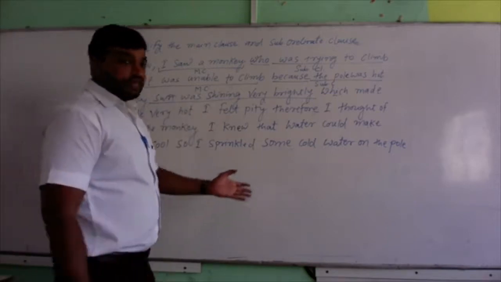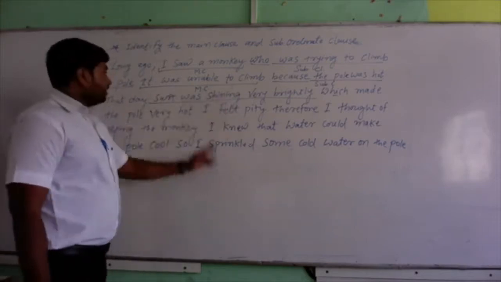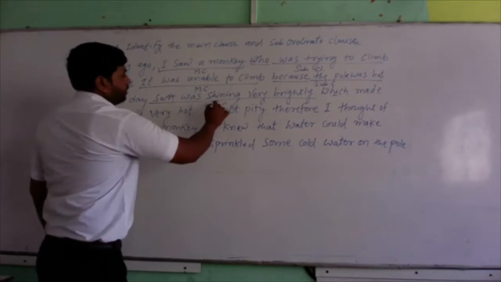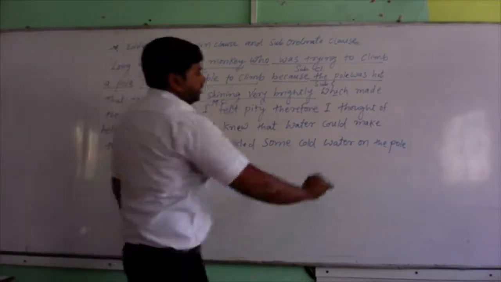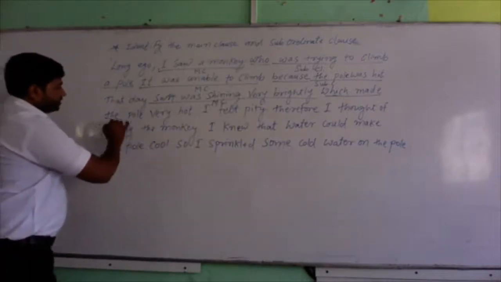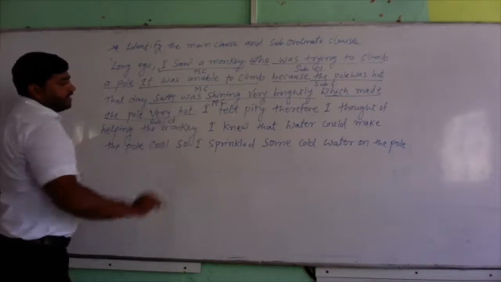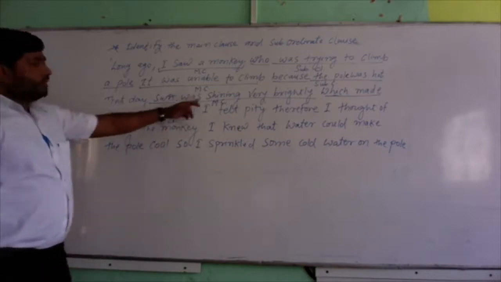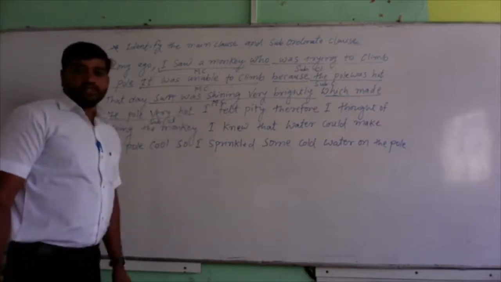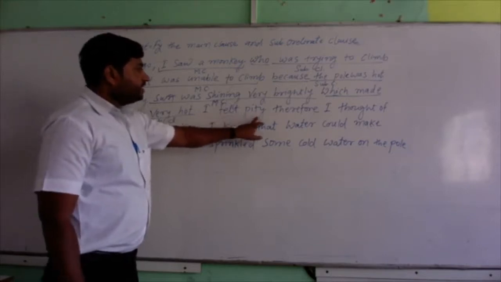It's a dependent sentence, but that day the sun was shining very brightly is a complete sentence. So it's a main clause, and which made the pole very hot is a subordinate clause, or we can call it a dependent clause, and the main clause we can call the principal clause. Now next sentence, I felt pity.